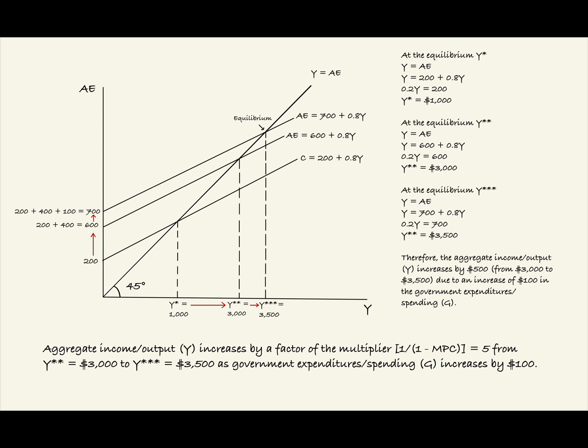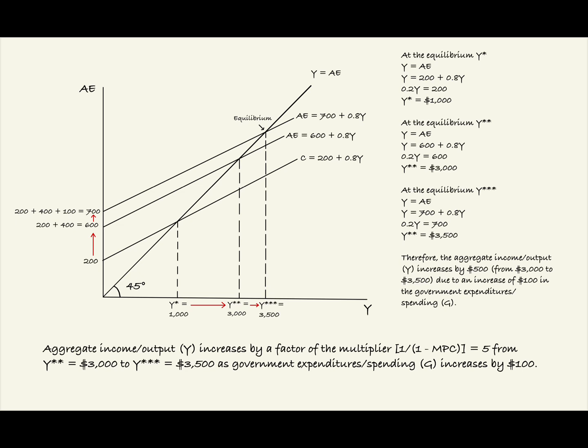On this slide, we can see the effects of the multiplier on a graph. First, we can see our consumption function, which is 200 plus 0.8y, represented by the line C equals 200 plus 0.8y. Above it, we can see an aggregate expenditures line, which is 600 plus 0.8y.